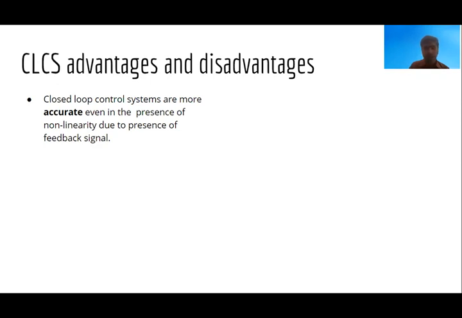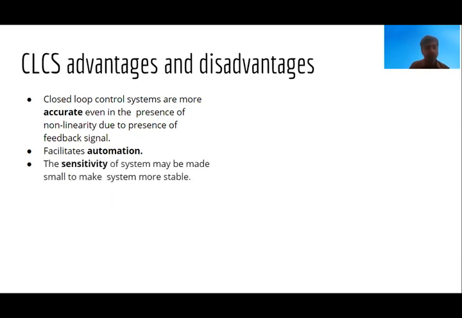Because of feedback, we reduce the error signal, so the output is more accurate even in the presence of nonlinear components. The second one is that it facilitates automation. Due to the feedback, it automatically corrects the signal to our desired level.